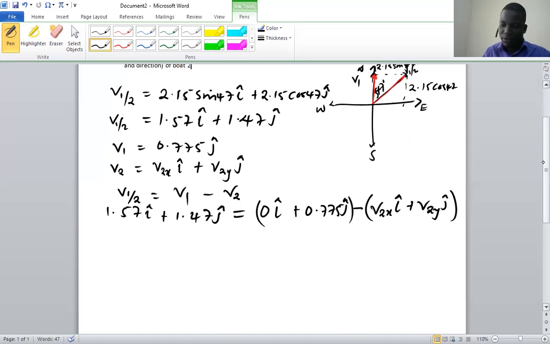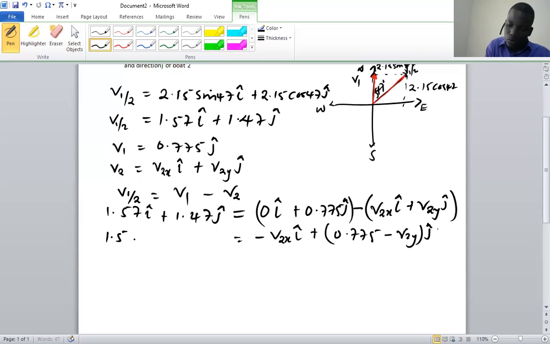We can only add or subtract if they have the same unit direction. So in the i we get 0 minus v2x, negative v2x i, and in the j we have 0.775 minus v2y j.